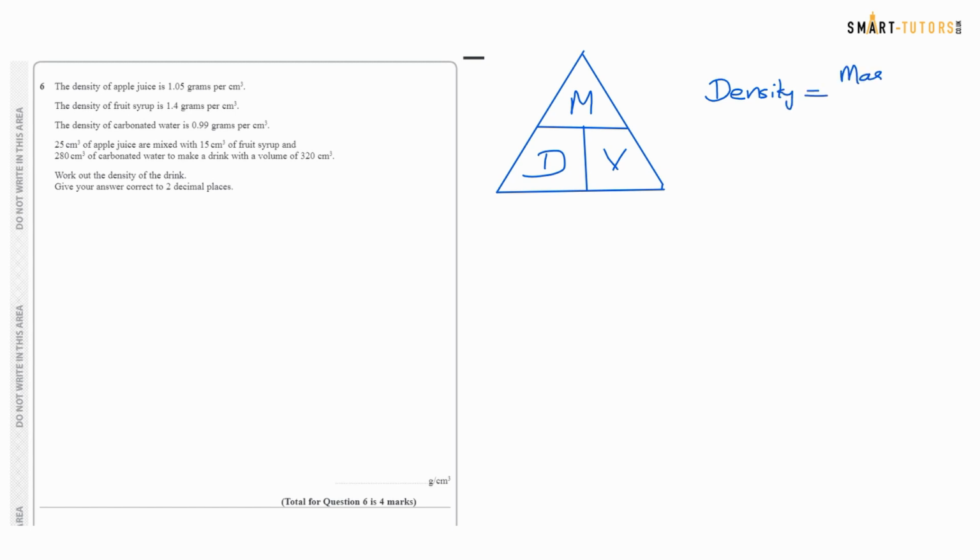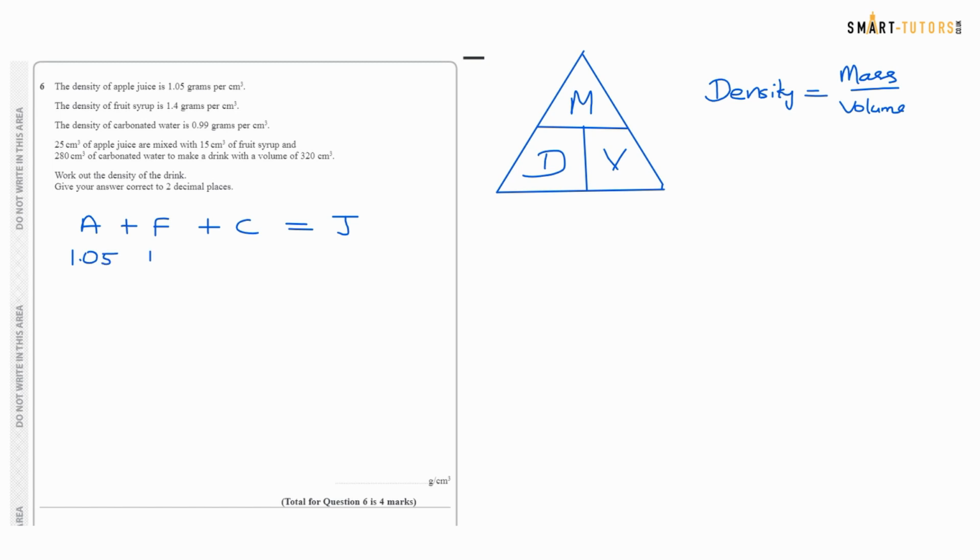So the idea of the question is they are mixing 3 different liquids to make another drink. So the liquid mixture is apple juice plus fruit syrup and carbonated water. The density of the apple juice is 1.05, fruit syrup is 1.4, carbonated water is 0.99.